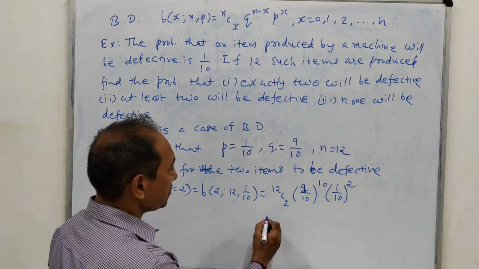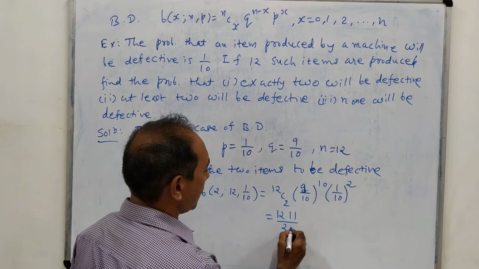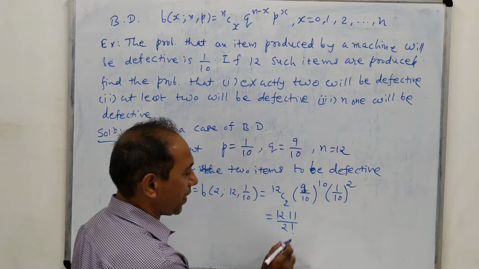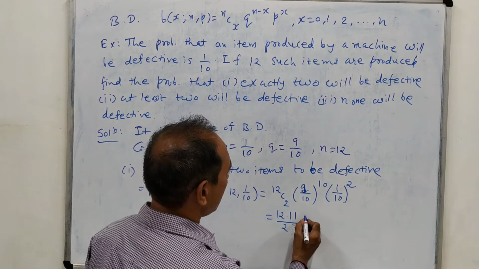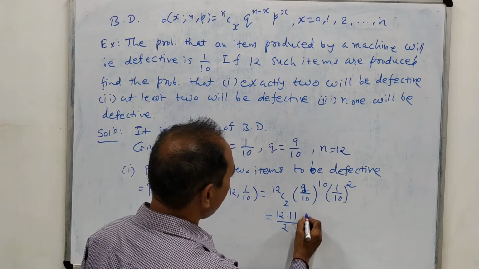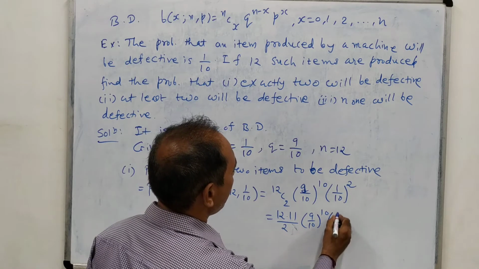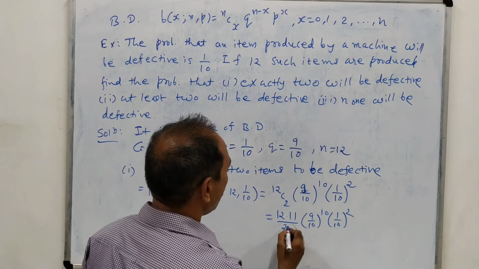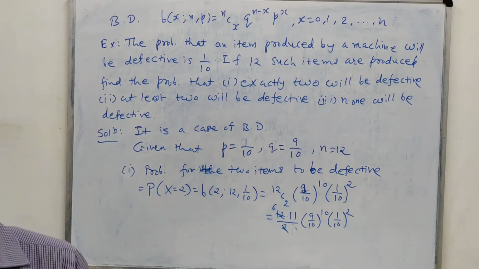So now, 12C2 is what? 12 into 11 divided by 2 factorial. 2 factorial is always equal to 2, so we will write this as 2 only. So it is 9 by 10 whole raised to 10 into 1 by 10 whole raised to 2, and 2 will be cancelled, so you will get 11 times 6 is 66.